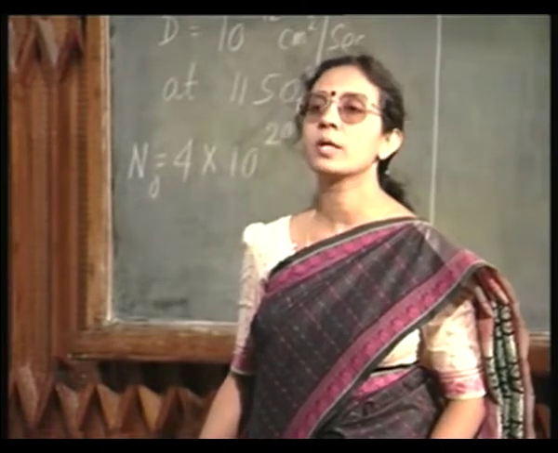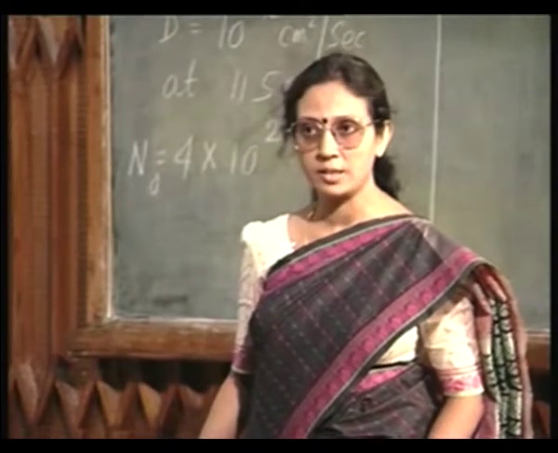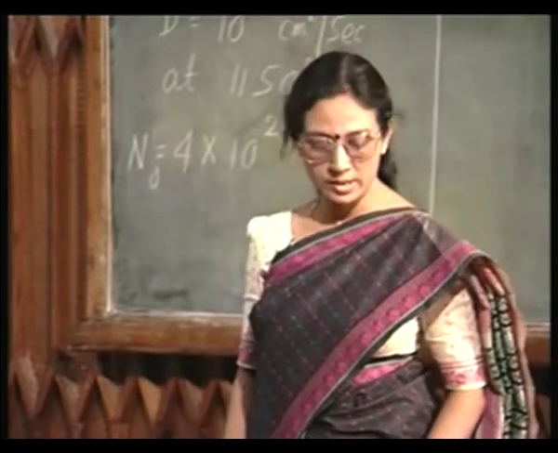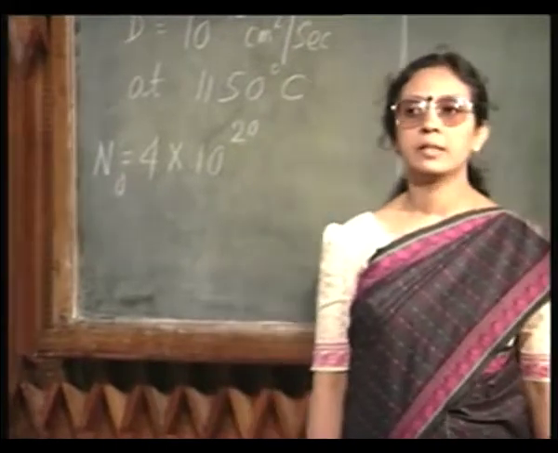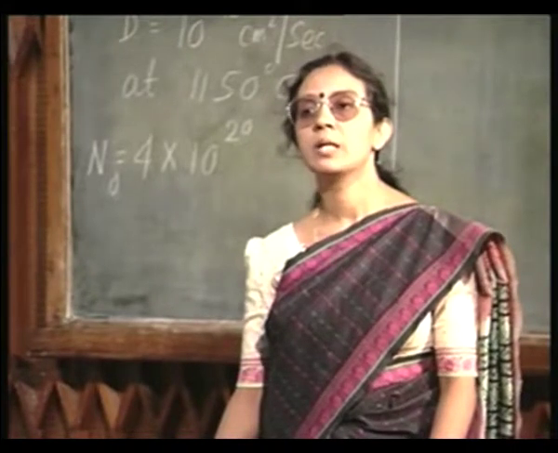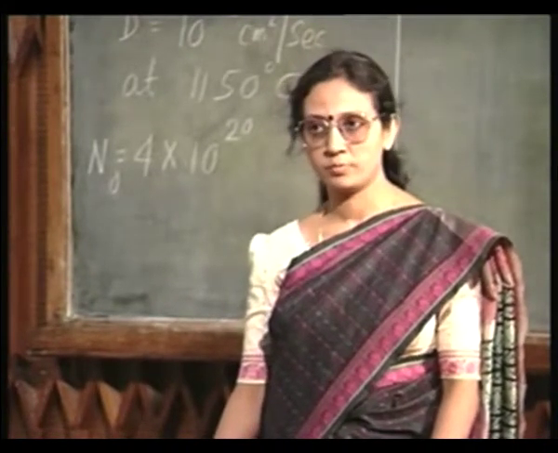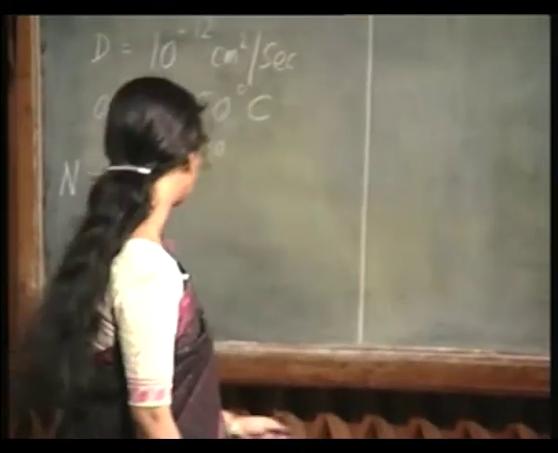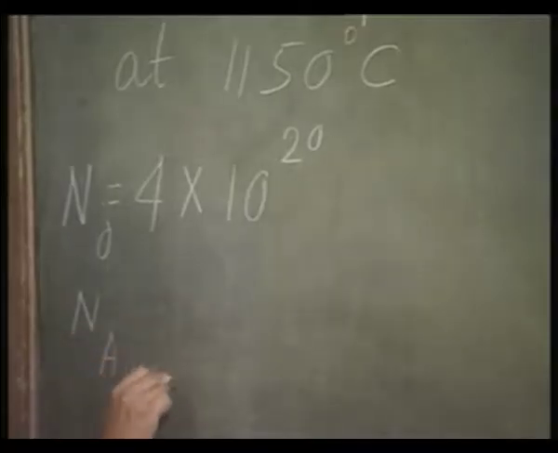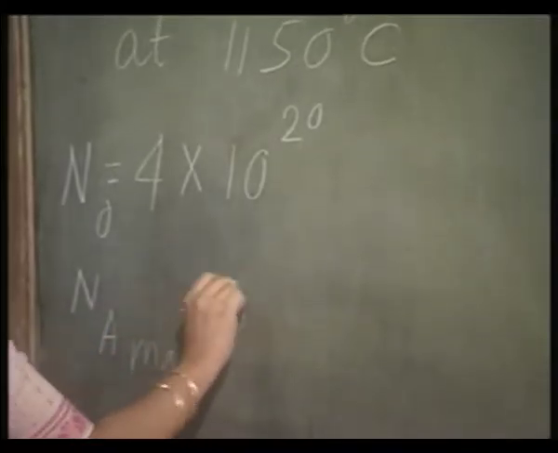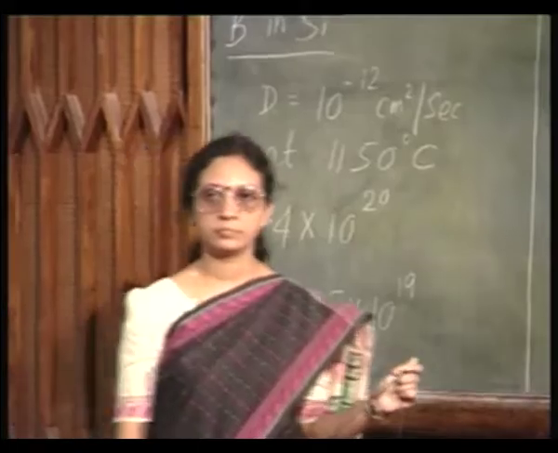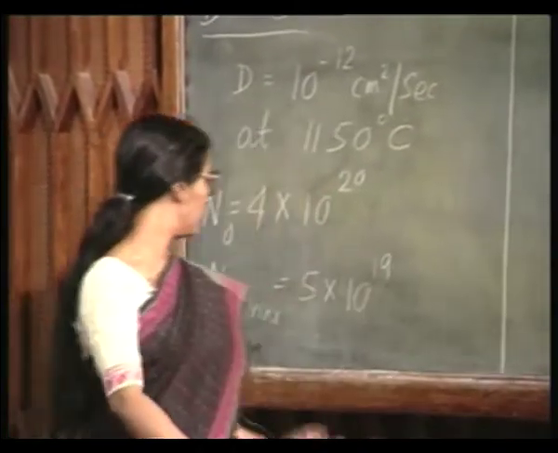Therefore, even though you can put in so much boron inside silicon, the surface concentration of boron can be as high as 4 into 10 power 20, you will get the active concentration only around 5 into 10 power 19 per centimeter cube, because of the misfit factor. Na max is going to be 5 into 10 power 19.